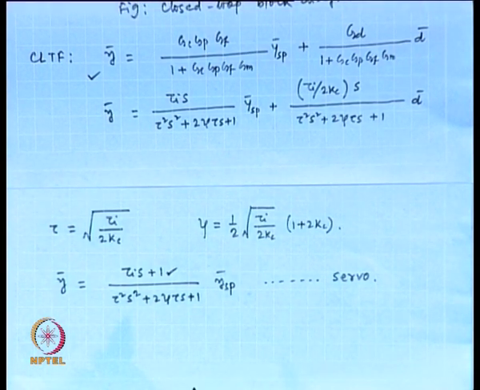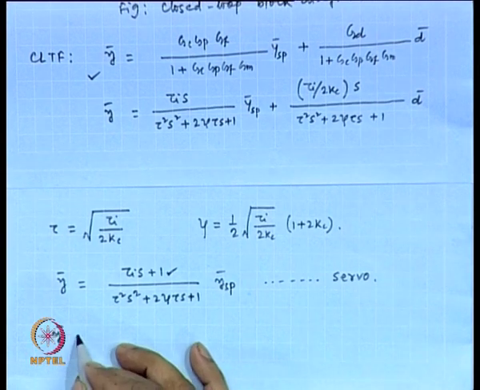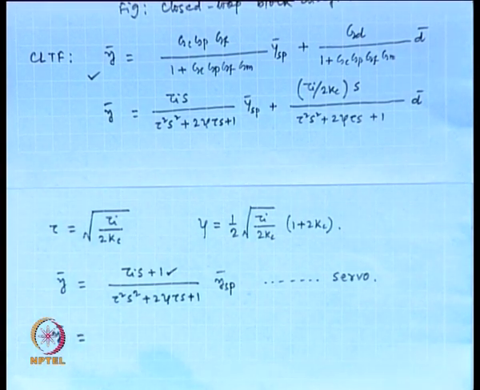This is the closed loop transfer function for the servo case. In the next step, we will consider a unit step change in set point.